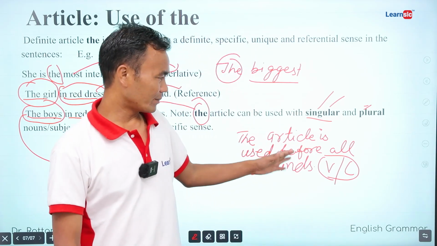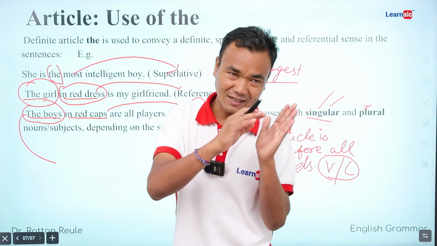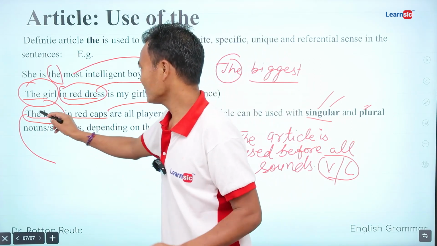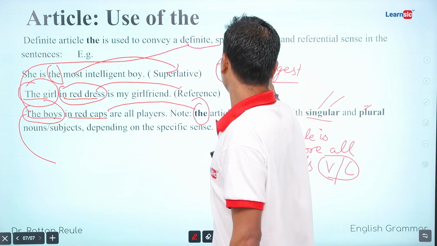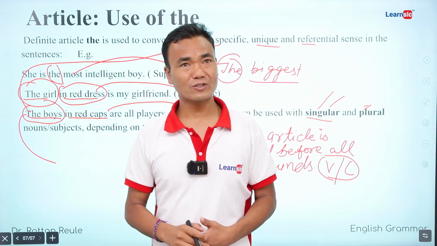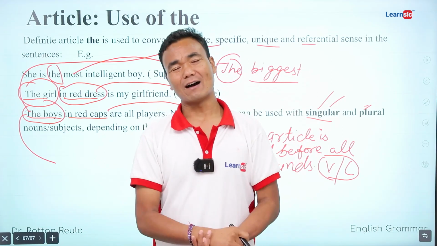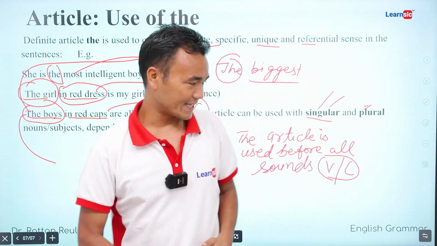It doesn't matter whether the sound after the article is consonant or vowel. But the sense should be definite, specific, unique, and referential. So these four are the criteria for using the article in English grammar. Let's move to the next step.